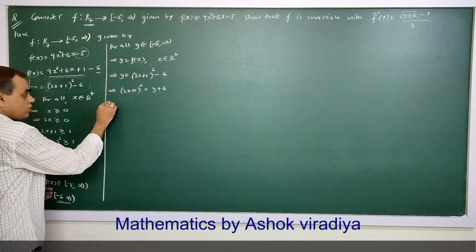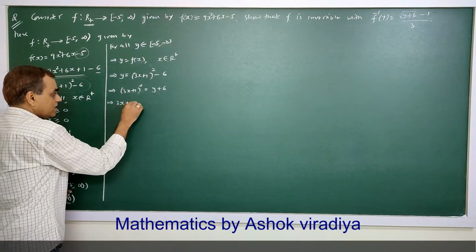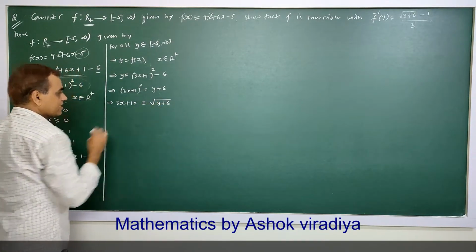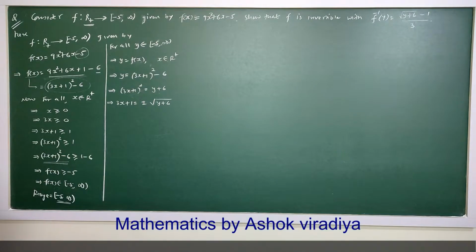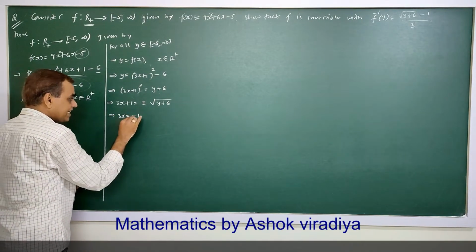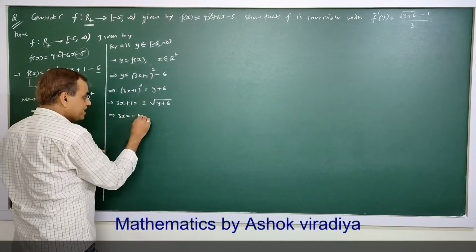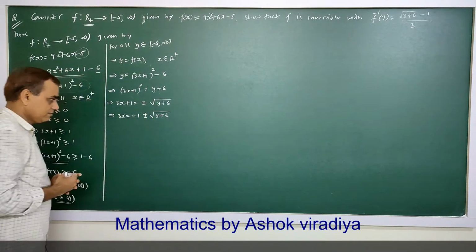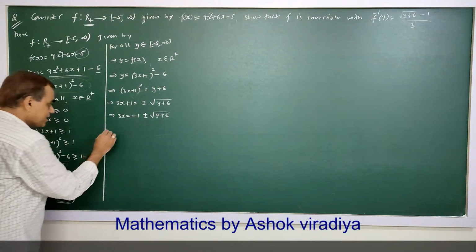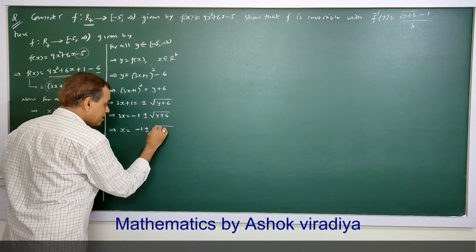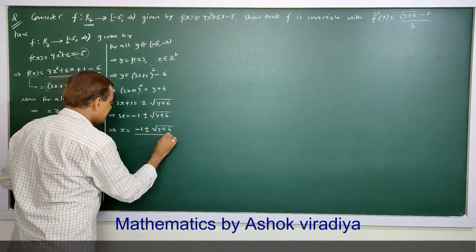So 3x plus 1 equal to plus or minus square root of y plus 6. So 3x is minus 1 plus or minus square root of y plus 6. So x is (minus 1 plus or minus square root of y plus 6) by 3.